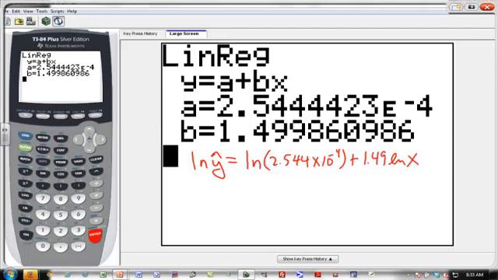Now, if we undo the natural logs on both sides, is that how that's going to work? I'm fading here. Let's see what the publisher has to say in this.